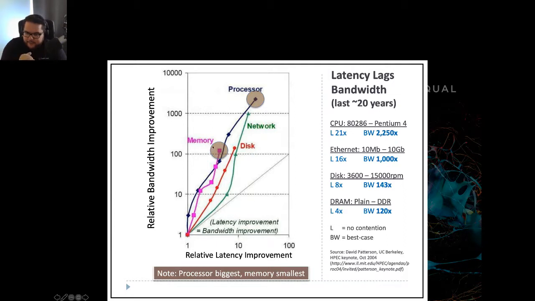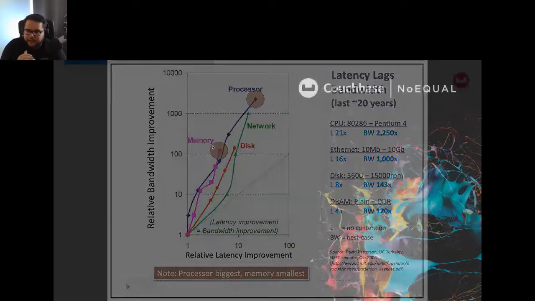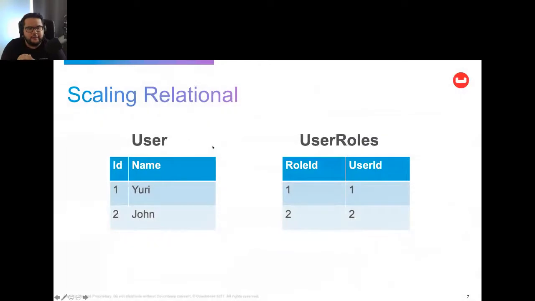Okay, why is this relevant to us? Because this is essentially the same problem that we have with relational databases. Even though they have been out there for 20 years or so, some of them more than 20 years, the model still breaks when you need to run it distributed because of latency issues.